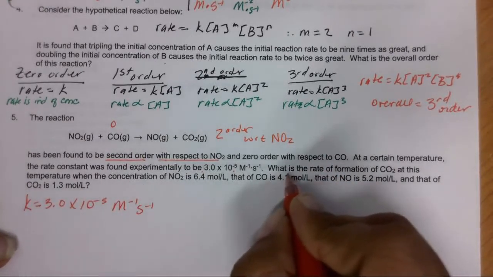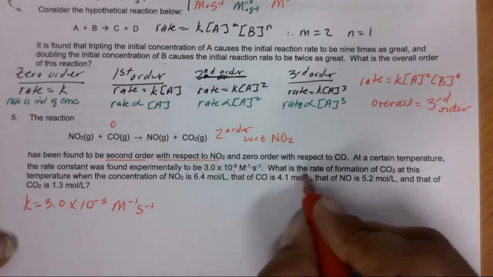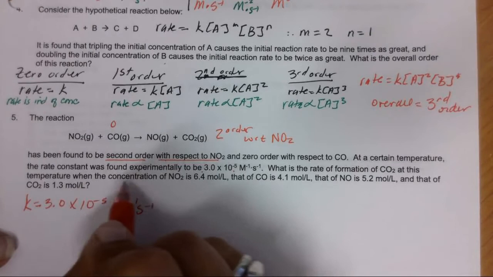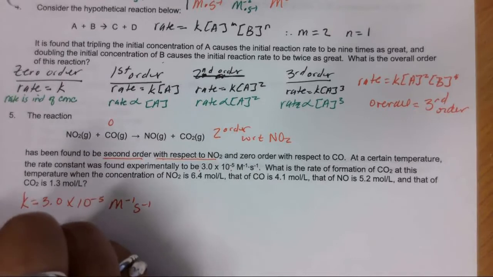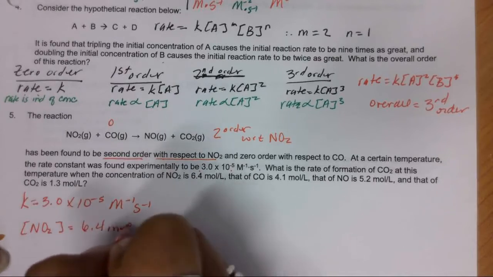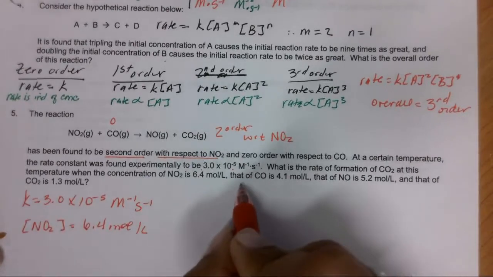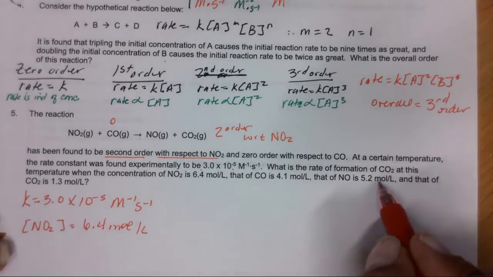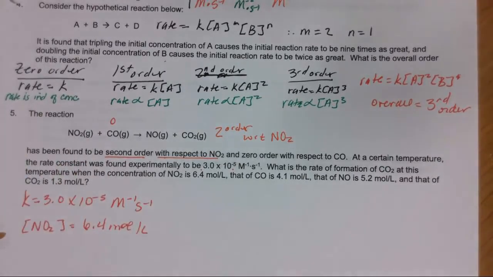Okay, so what is the rate of formation of CO2 at this temperature when the concentration of NO2 is equal to 6.4 moles per liter, okay? And that of CO, we don't care what CO is, right, because it's zero order. And that of NO is 5.2 moles per liter, and that of CO2 is 1.3 moles per liter. Okay.